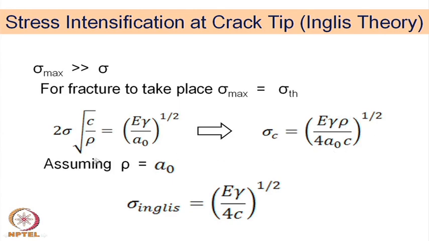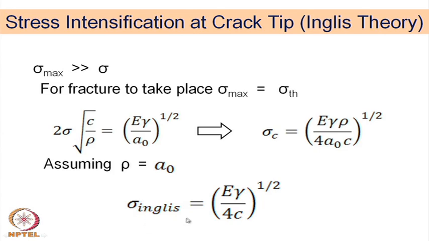Assuming that rho, which is the radius of curvature at the tip, is almost equal to the interatomic spacing, because we are basically separating the two layers of atoms or two neighboring layers of atoms, and that distance is approximately the interatomic spacing. So, we can assume that the radius of curvature is almost equal to the interatomic spacing A0.